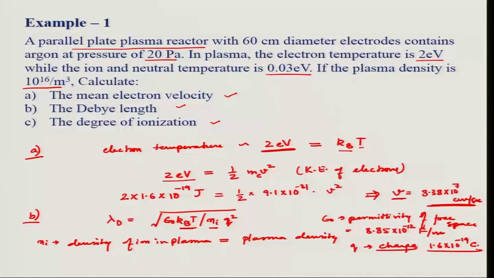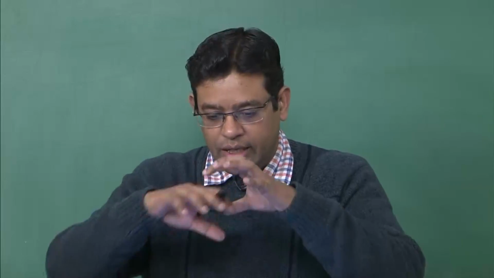Now, since kBT is temperature, which temperature should we use? Is it the electron temperature or the temperature of ion and neutral species? If you recall, the Debye length is a length scale over which the charge is screened by the electrons. If you put a positive charge in plasma, the electron cloud will be around it because of Coulombic attraction, and it will shield the effect of the potential due to this positive charge.